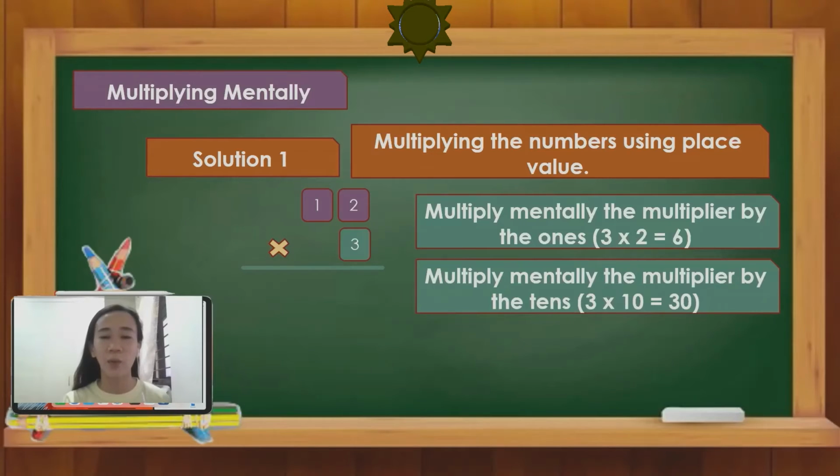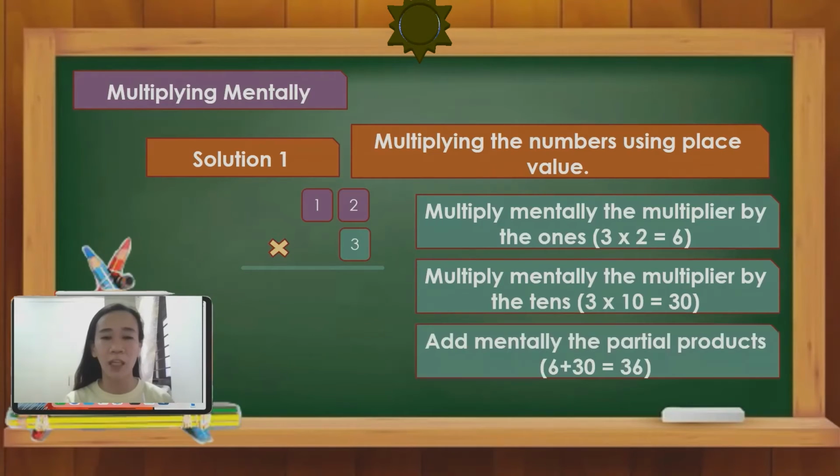And lastly, we will add 6 plus 30, that will be 36. So first, multiply the ones. 2 times 3 is 6. And then multiply the tens. 3 times 10 is 30. And then we will add 30 plus 6 is 36. Therefore, 12 times 3 is 36.